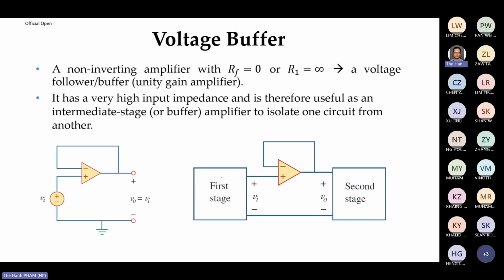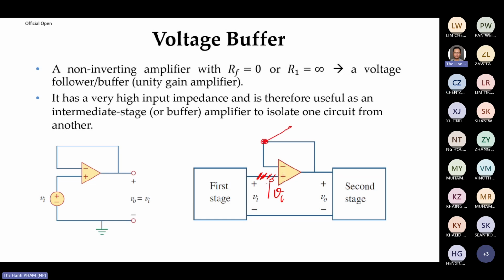So what is the characteristic of the voltage follower? Number one, the input impedance is very high. So you basically don't have the current running into the wire. So at this point, you should have VI, right? Total VI. And because of the characteristic of the op-amp, the two terminals must have the same voltage.